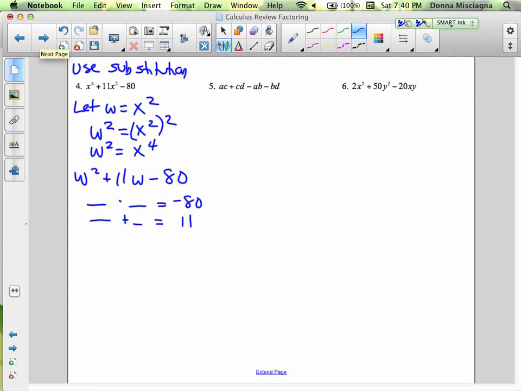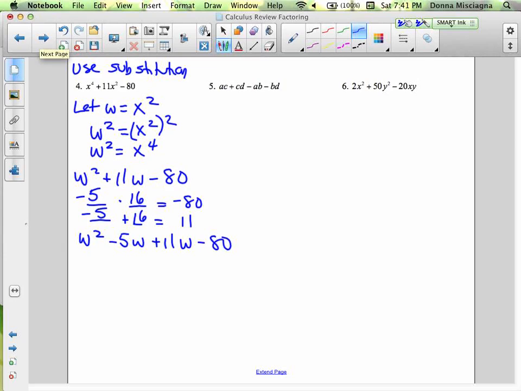They're not 11 apart. And one's going to be positive and one's going to be negative, because they multiply to give you a negative number. 20 and 4, no. 16 and 5, there we go. And the 5 has to be the negative one because they have to add to be 11. So we have w squared minus 5w plus 16w minus 80.